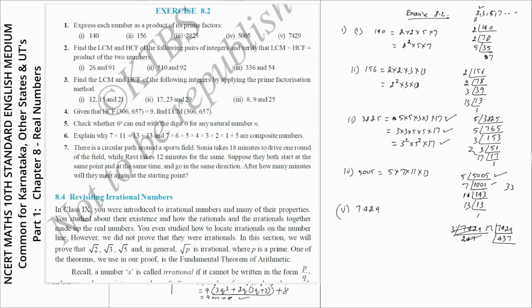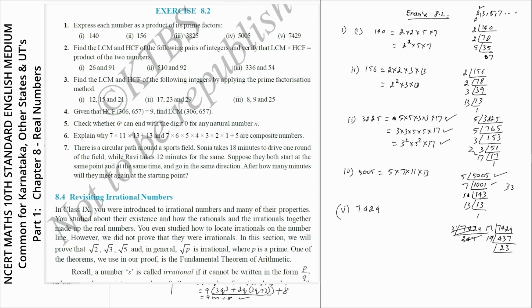Then 437, this is divisible by 19. 19 twos are 38, so 5 is remaining. 19 threes are 57.